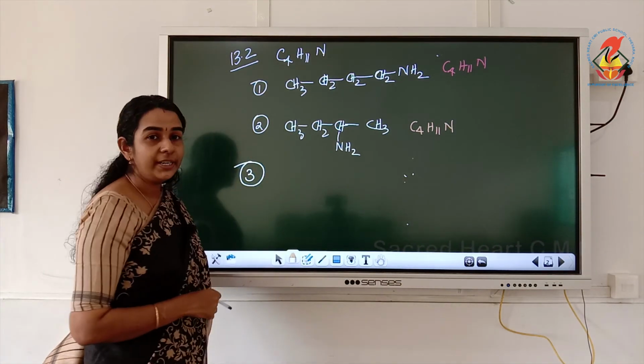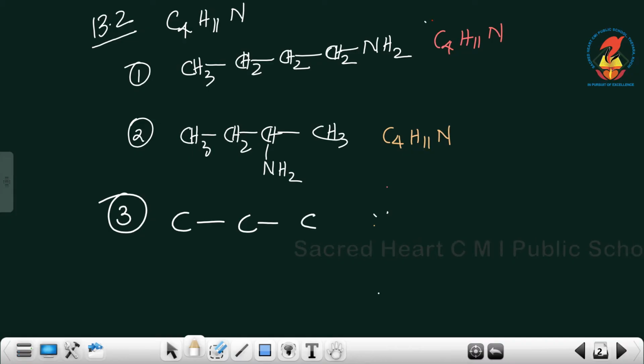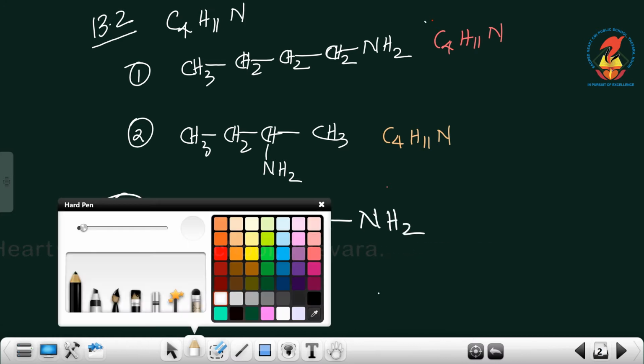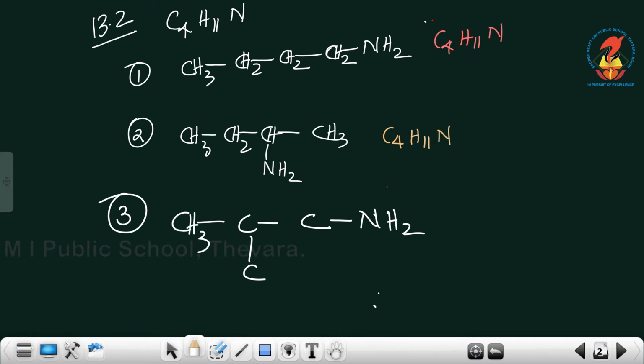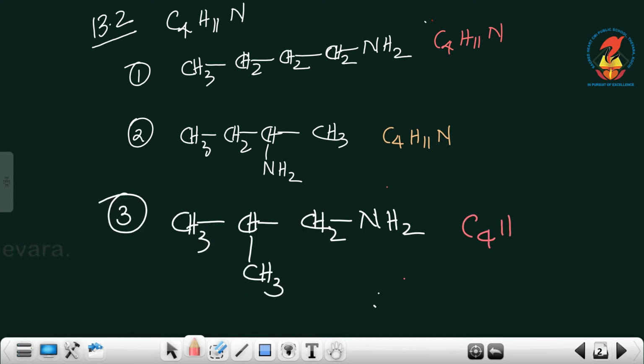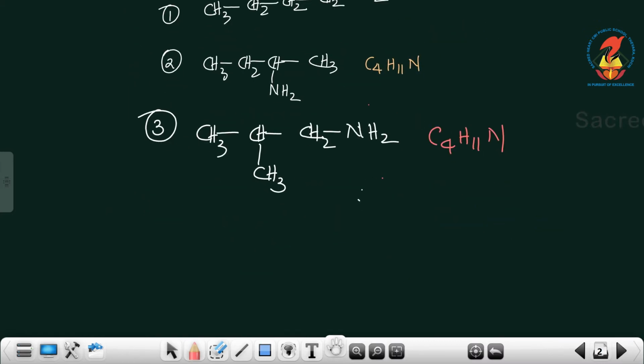Now the next possibility is a 3 carbon atom straight chain and 1 carbon atom coming as a branch. I give NH2 on 1 carbon, CH3, CH3, CH, CH2, again getting the same formula, C4H11N. This is another isomer of this compound.